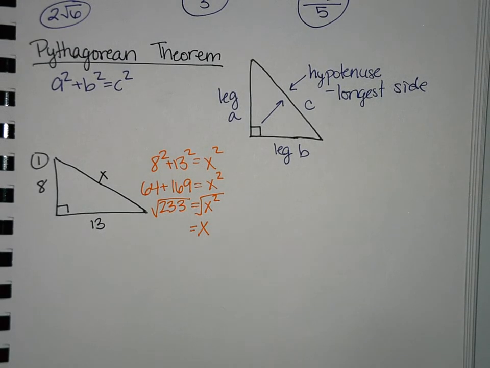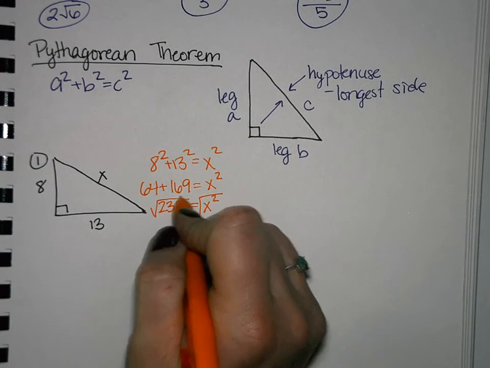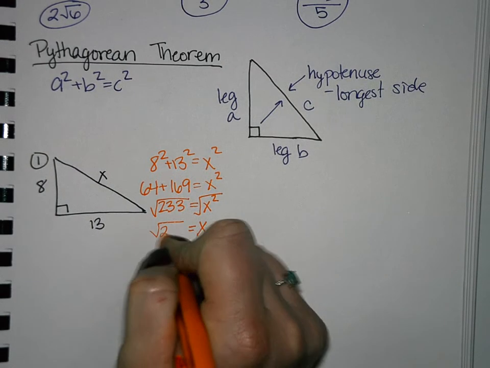So what is the square root of 233? This is where reading the directions is going to tell you what to do. If it says to leave it in radical form, leave it in radical form, meaning you look at the factor tree, does it work? Can you break it down any further? This one you can't, so we would just leave it as root 233.